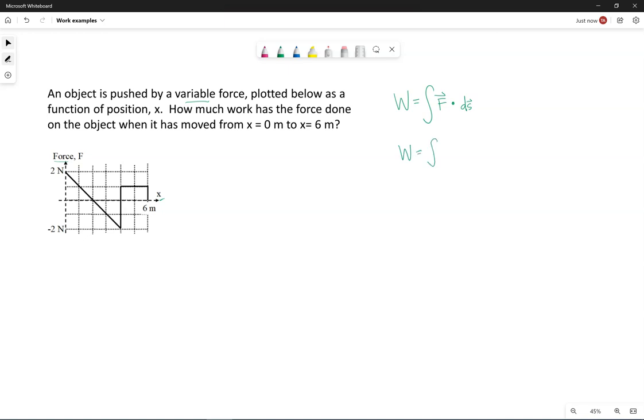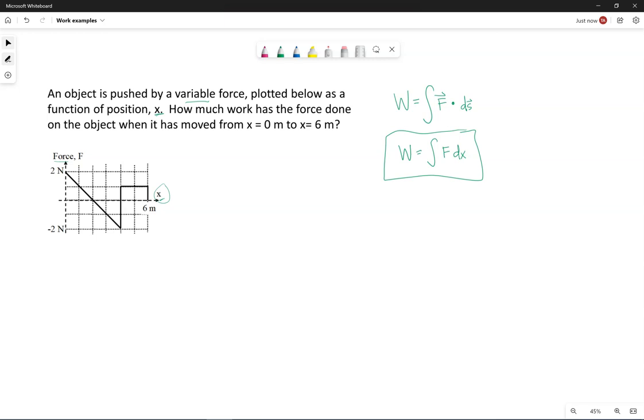So ultimately, we can say in this specific problem, the work can be calculated by integrating this force function with respect to x, because it's telling us the force is plotted versus x, the horizontal position. So this is specifically the equation we can apply.